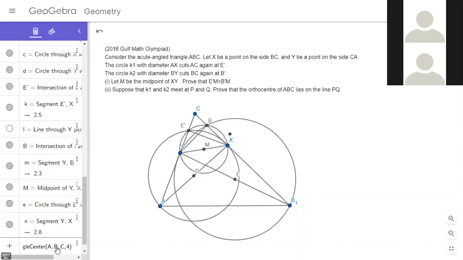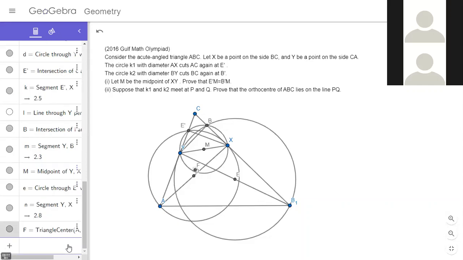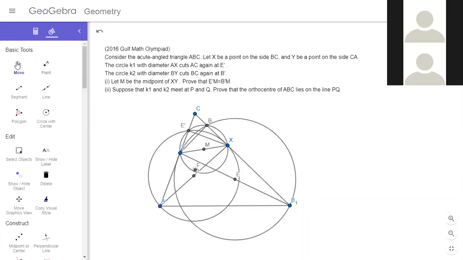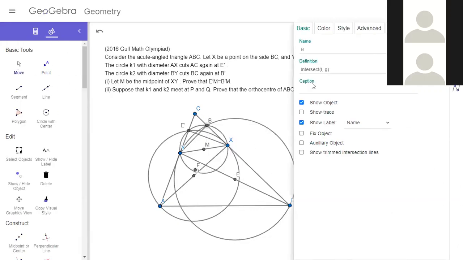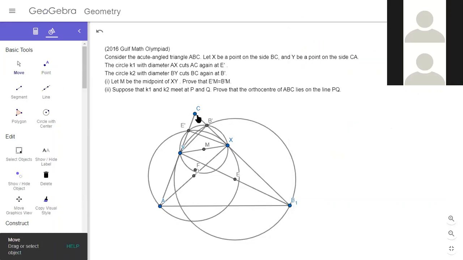Oh, it's AB1. Whoops, that's the way I labeled the point. Oh, this should be like B prime. Whoops.